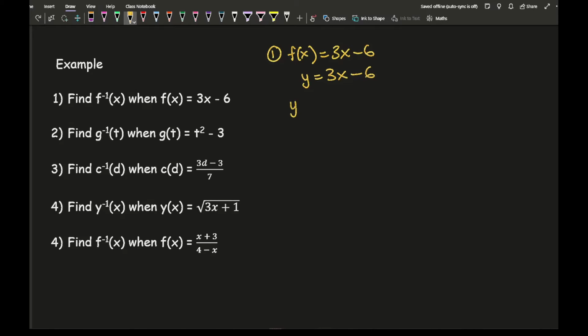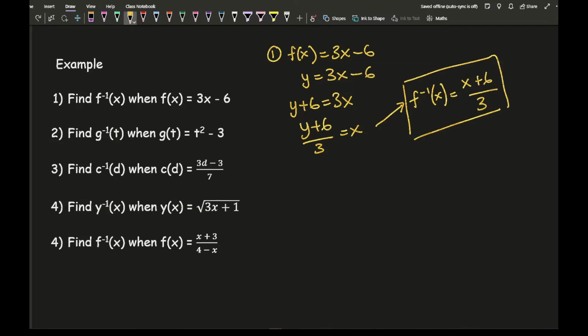So here I'm going to end up with y plus 6 equals 3x, and then y plus 6 all divided by 3 equals x. And then all I need to do in the final step is replace x with the inverse function of x, and replace the y with x. And this here is my final answer.